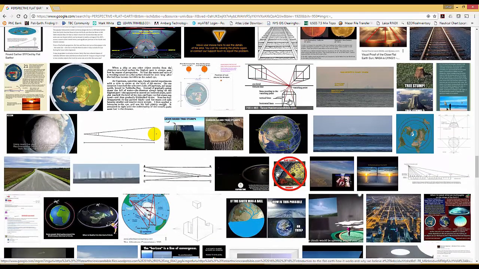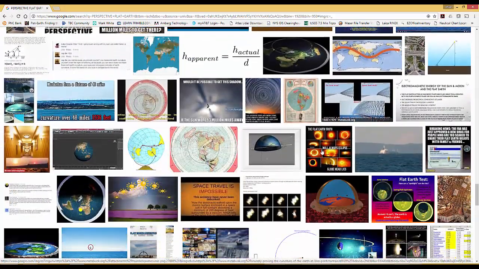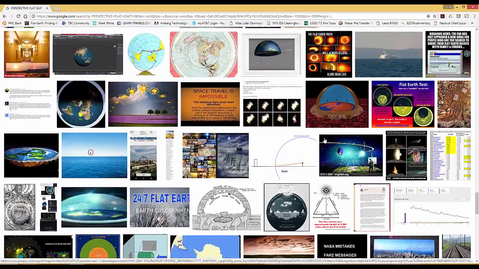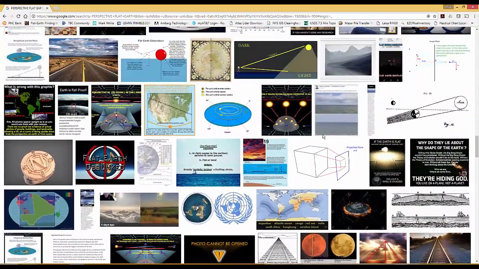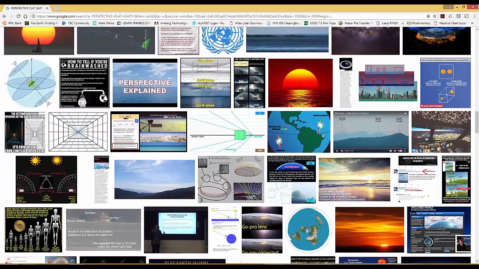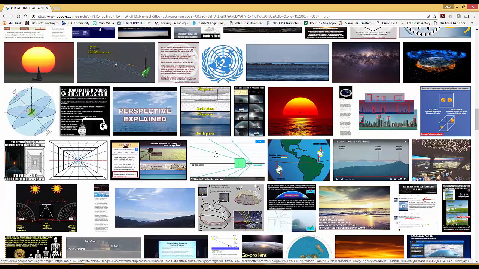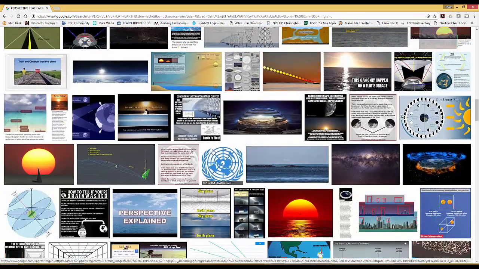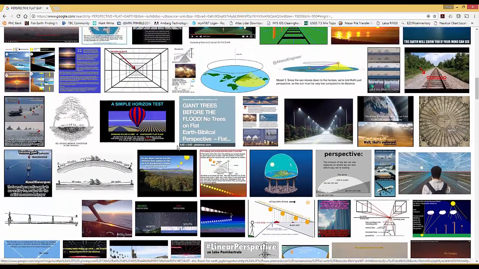So again, if perspective means this much to the flat Earth, you've got to figure out what it really means, literally, beyond appearance. Because really, that's all it's about, is appearance. This is a visual thing.